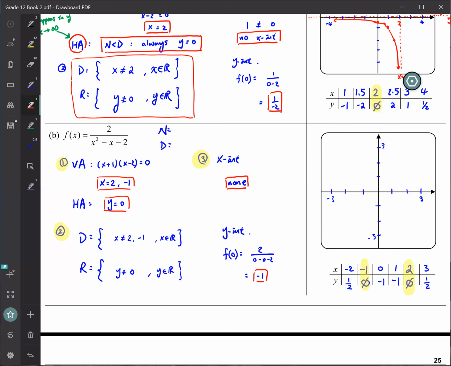Right, so we have one asymptote here. The other one's at 2. Right, and then don't forget the horizontal asymptote. Horizontal is y equals 0.